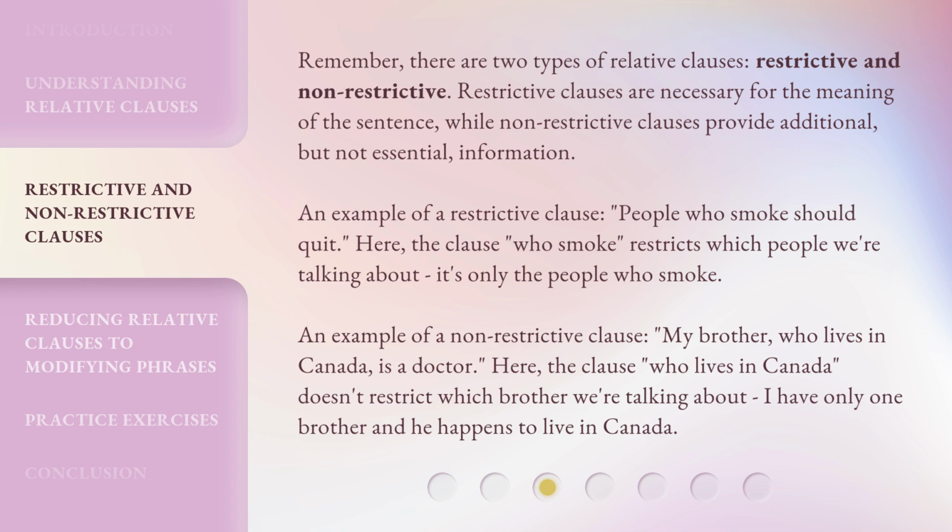Here, the clause, who smoke, restricts which people we're talking about. It's only the people who smoke. An example of a non-restrictive clause: my brother, who lives in Canada, is a doctor. Here, the clause, who lives in Canada, doesn't restrict which brother we're talking about. I have only one brother and he happens to live in Canada.